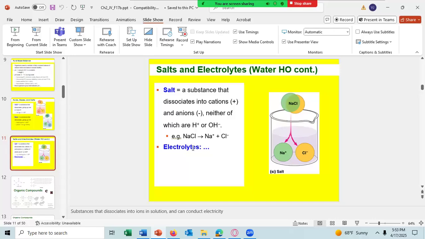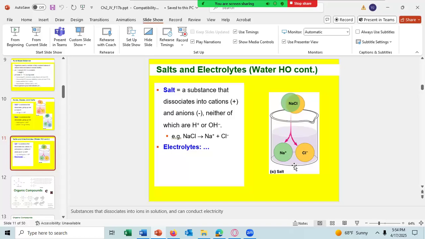Salts are electrolytes. An electrolyte is a molecule which dissolves in water and then can help carry an electric charge. Like sodium chloride, when it dissolves in water, becomes salt water, and salt water can carry an electric charge much better than distilled water.